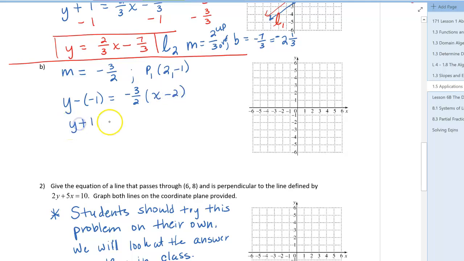So y plus 1 equals negative 3/2 x plus, and this time it would be 6 over 2 or 3. Now if I subtract 1 from both sides, I'm going to get y is equal to negative 3/2 x plus 2. Let me write that a little cleaner.